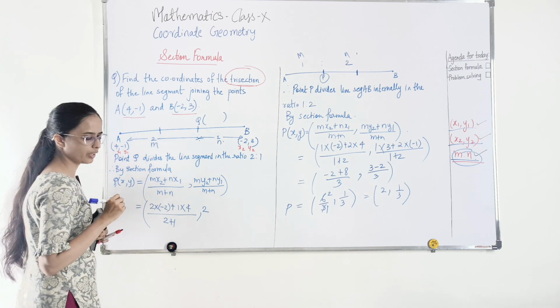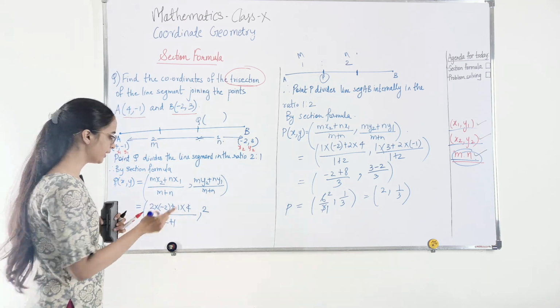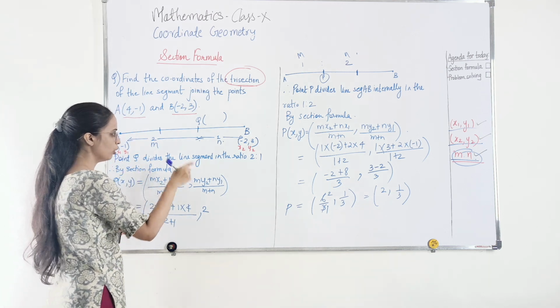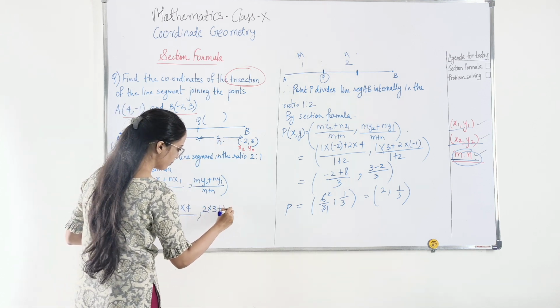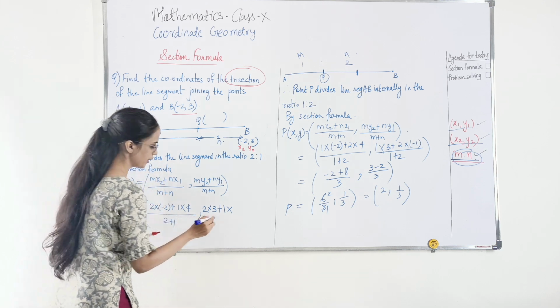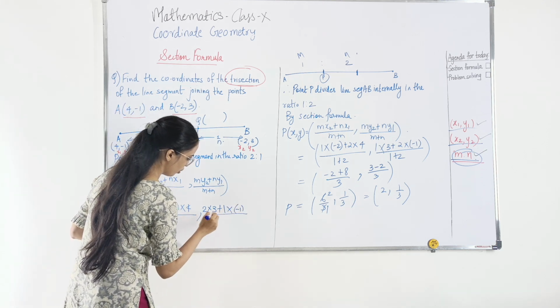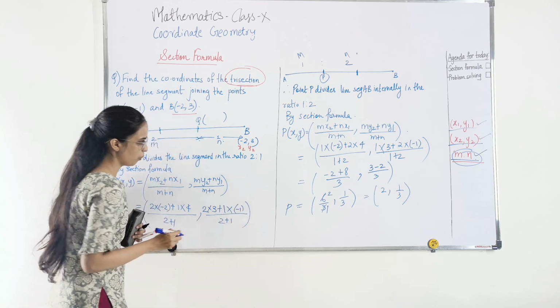Similarly, now you're supposed to write for the y coordinate. So m over here is 2, y2 is 3, plus 1 multiplied by y1 which is -1, the whole upon 2 plus 1.